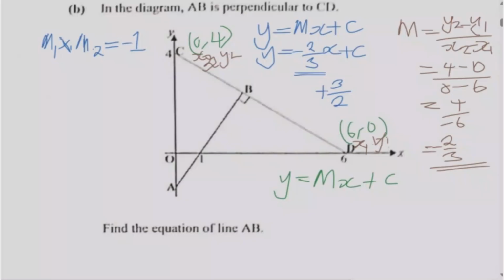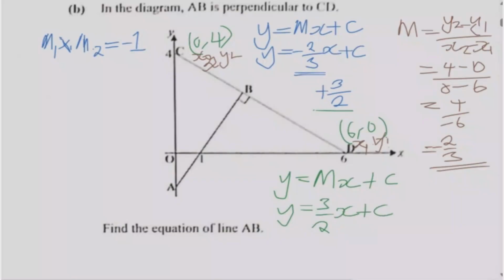Don't try to show off by using advanced methods, but try to be basic. This is the frame I've been using from grade 9. Now we just replace the gradient in this equation, so we have y is equal to 3 over 2x plus c.